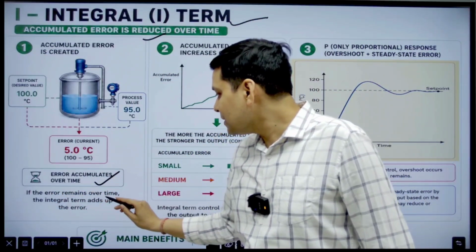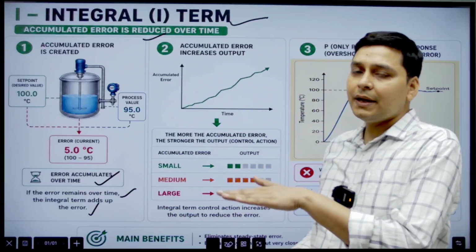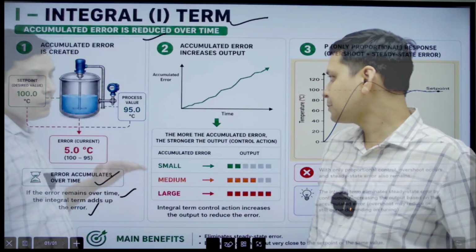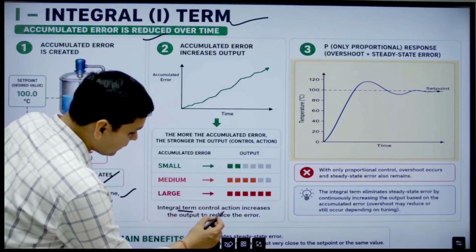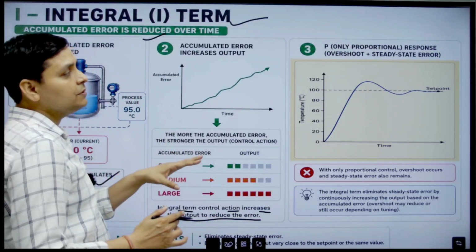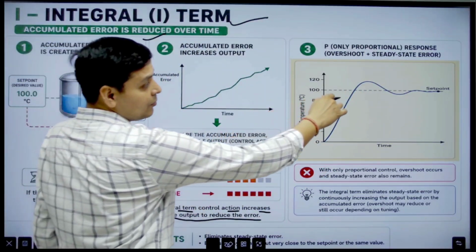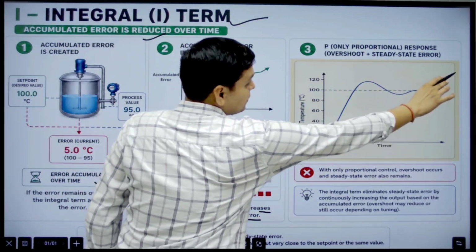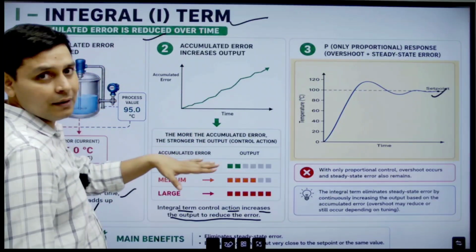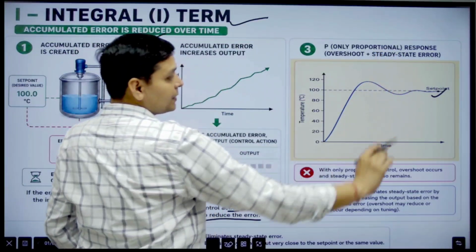If the error remains over time, the integral term adds up the errors. Now, the integral term's control action increases the output to reduce the error. If we use the integral term with the proportional term, then the steady state error may reduce to 0 also. Okay, and we will get the process value near about the set point.